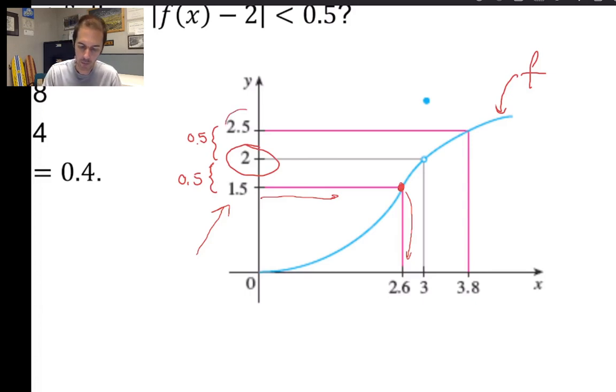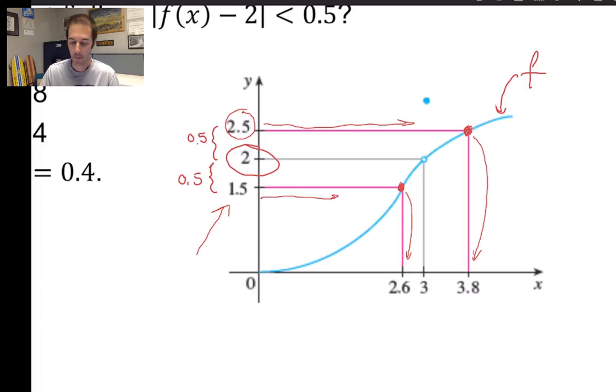And if we went through that same process for this upper bound for our y values of 2.5, and we draw a horizontal line, we come over here, we catch this point on our curve, and grateful again that we have been shown that that point's corresponding x value is 3.8. So what we're seeing is that if we use x values that are between 2.6 and 3.8 and we plug those into our function, as long as we're using an x value that's in there somewhere, we will end up with a y value that is no more than 0.5 away from 2.